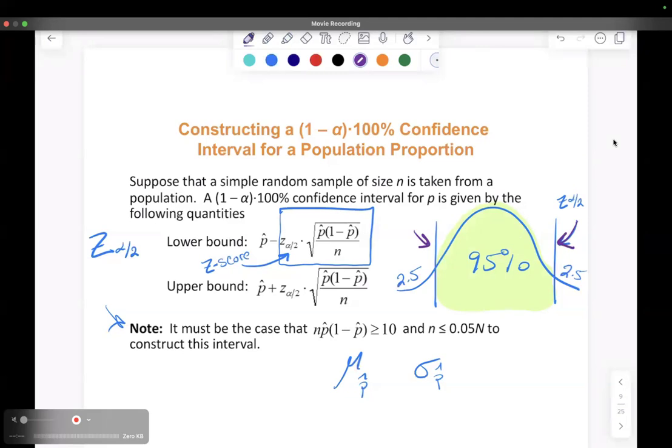So of that 2.5 or whatever. Yes, exactly. And when we get to mean, it's going to be totally different. I'm going to ignore mean. We'll get to that on Thursday.